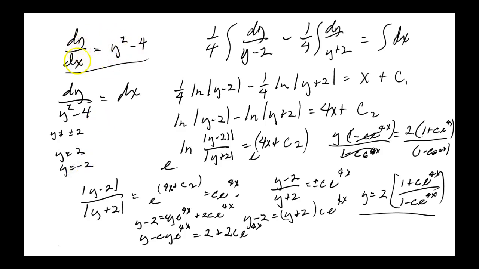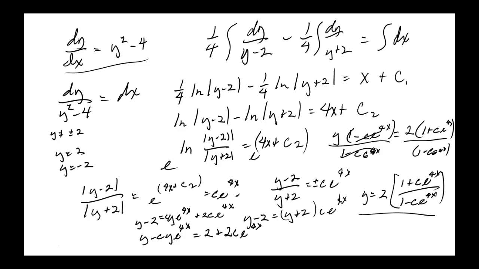So y is equal to 2 and y is equal to minus 2 certainly give you places where your derivative is 0. The first can be gotten from that because when you let, say, x equal 0, you get 2 times 1 plus c over 1 minus c.